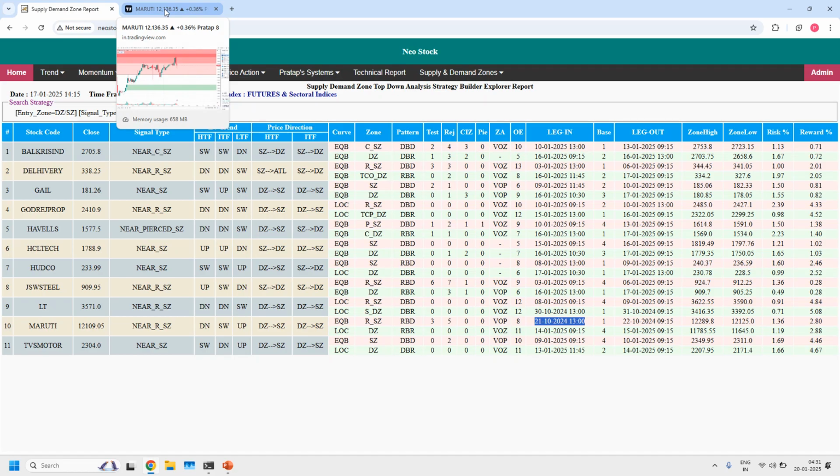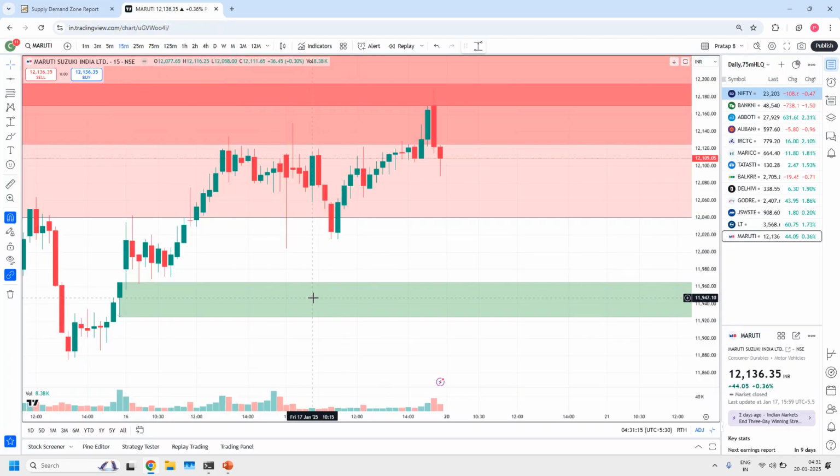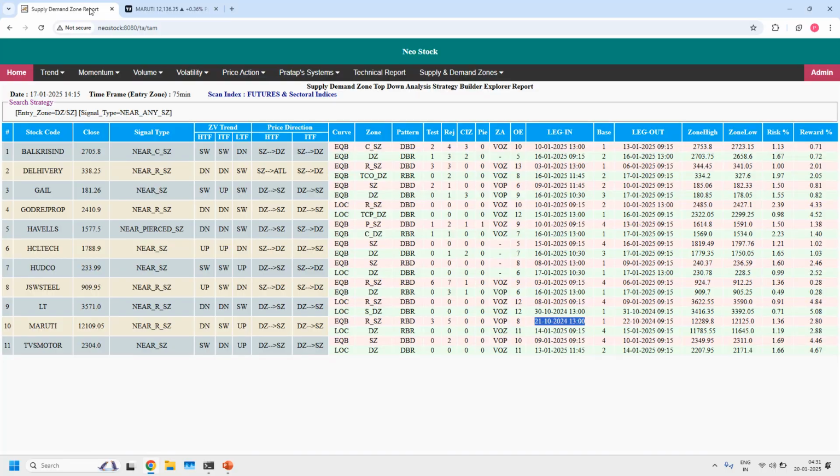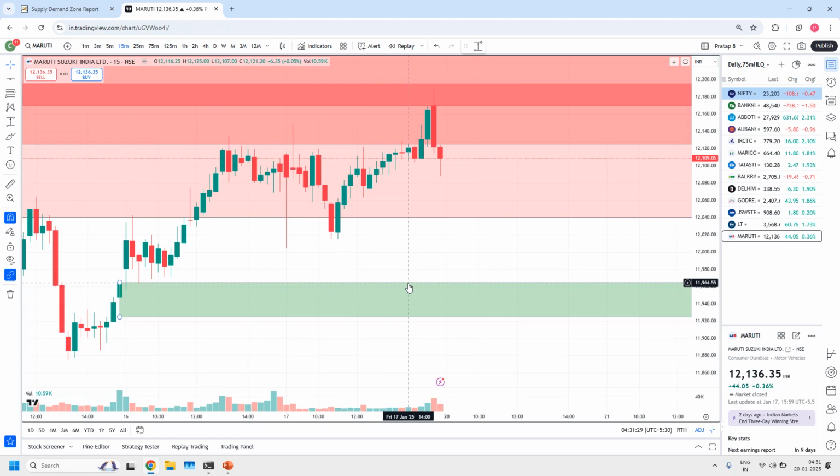In that video, I explained how to make use of high liquidity zones. For that concept, all these are examples by taking the help from NeoStock software. So this is my declaration about this analysis. Hope this information will be useful to you.